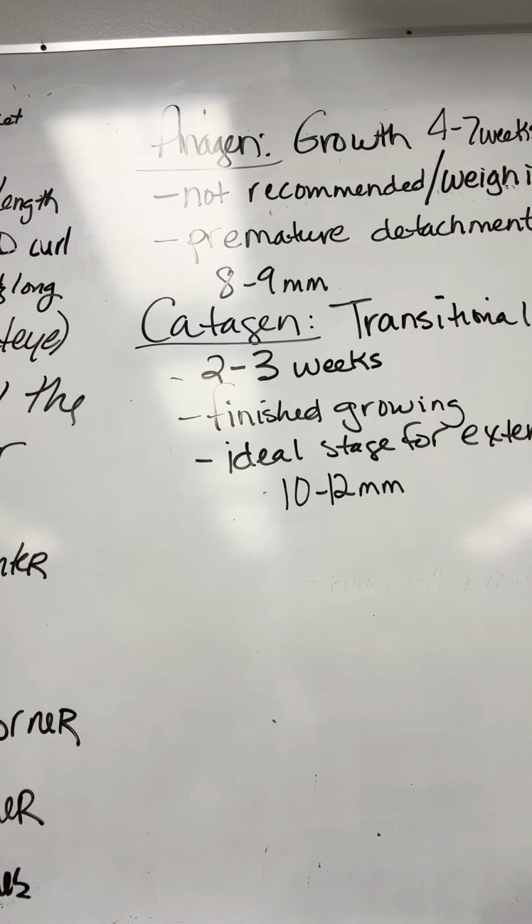It's all about the follicle bulb, right? It's about what's happening down there. It's resting, and now it's going to release from it. So this is the resting stage, 14 weeks.